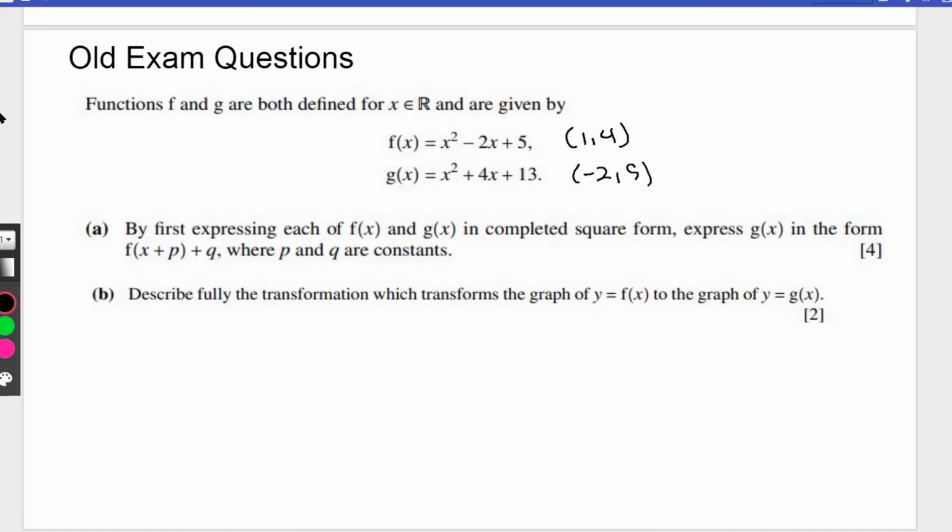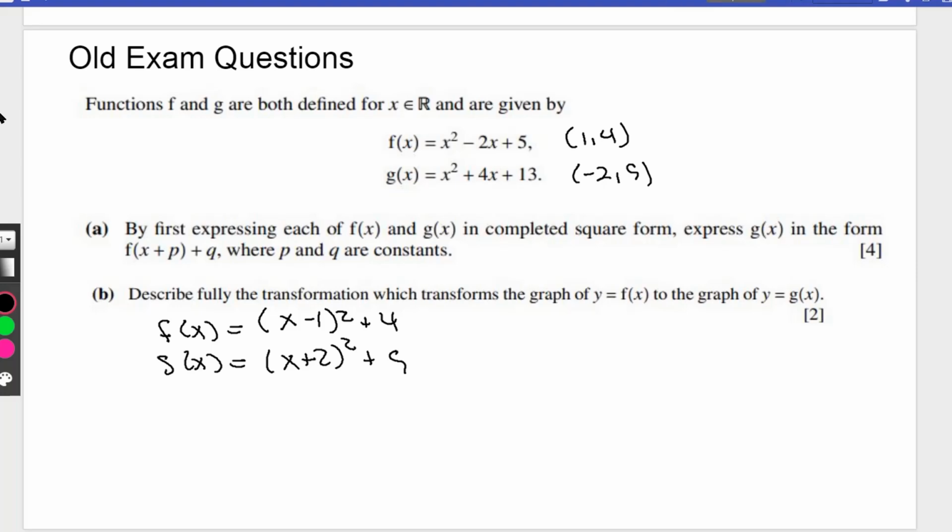So if I write these in vertex form, f of x is going to look like x minus 1 squared plus 4, and g of x is going to look like x plus 2 squared plus 9.